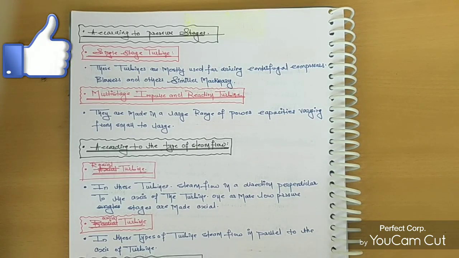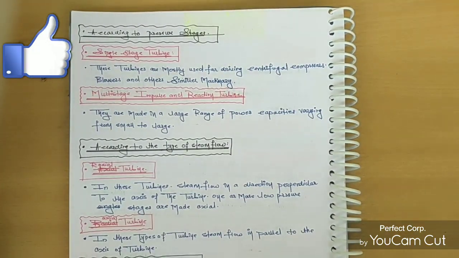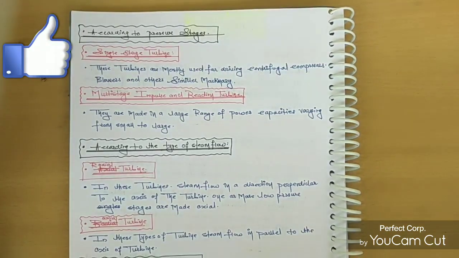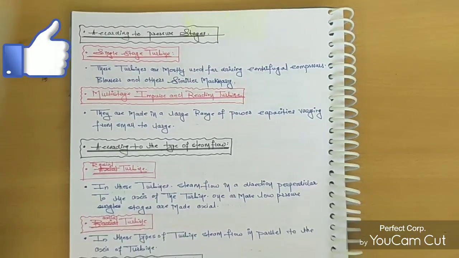If you have seen a jet engine in front of your eyes, the compressor is attached at the back stage, but at the front stage one wheel or single turbine is attached, which takes in the atmospheric air in front of it and passes it to the compressor. So the single stage turbine is nothing but what is used in aircraft engines.